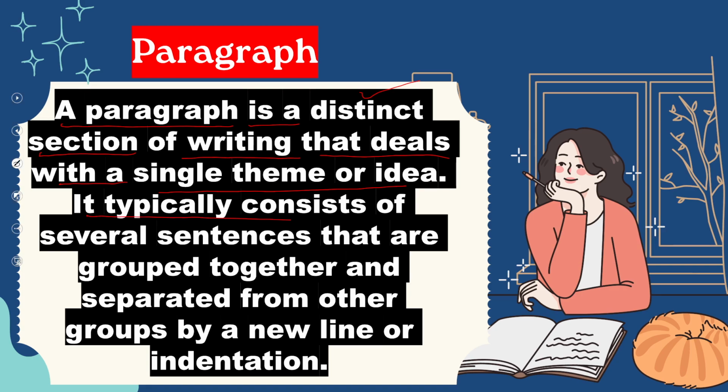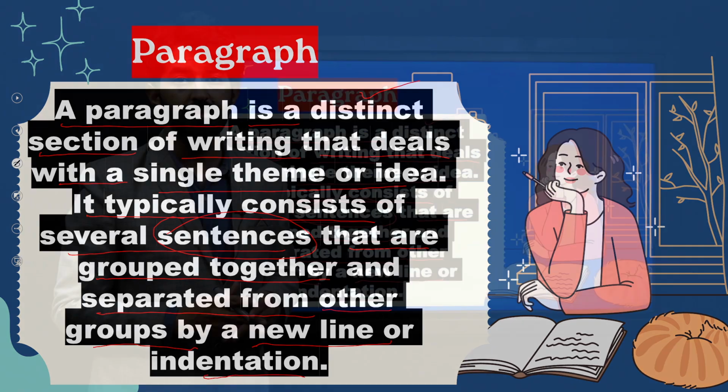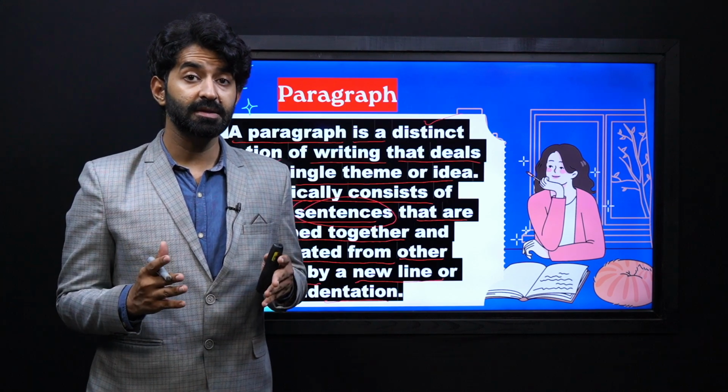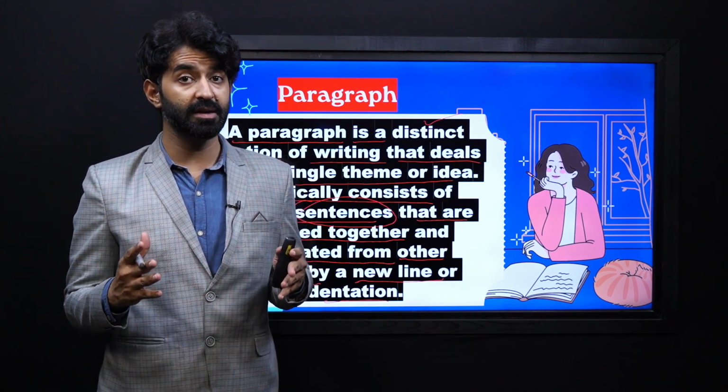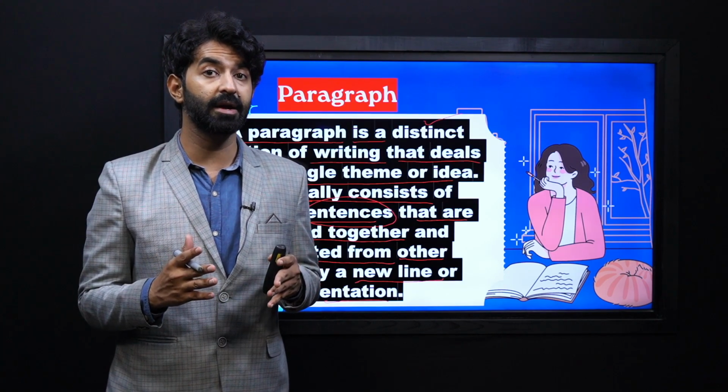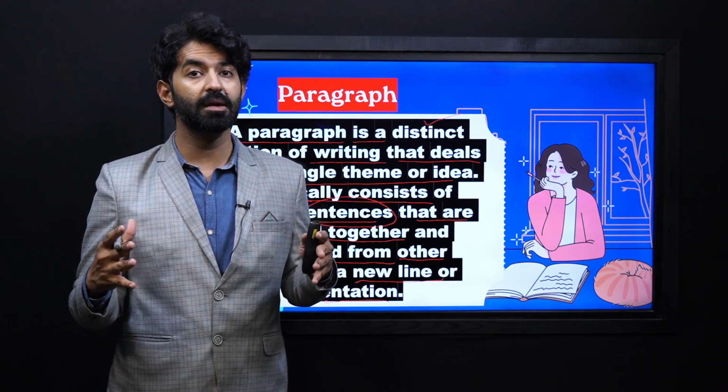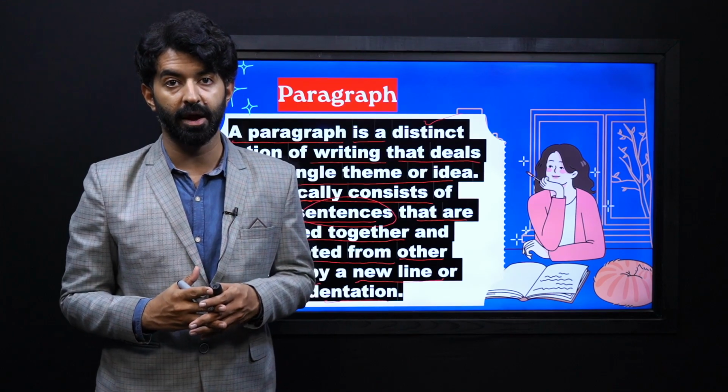It typically consists of several sentences that are grouped together and separated from other groups by a new line or indentation. Now, a sentence has a lot of different words and a lot of different sentences. If they are about one idea and one theme, they come together to make a paragraph.